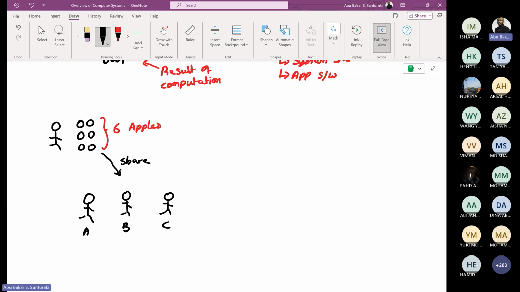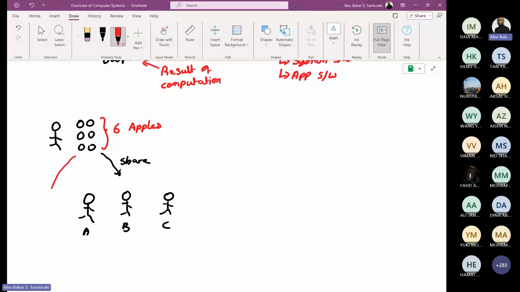So I want you to imagine for a second, if you didn't have any mathematical knowledge, how would you go about solving this problem? You need to conceptualize that, of course, you have 6 apples and you're going to be sharing it with 3 friends. So how are you going to do it? Rudimentarily, you could think of doing it this way.